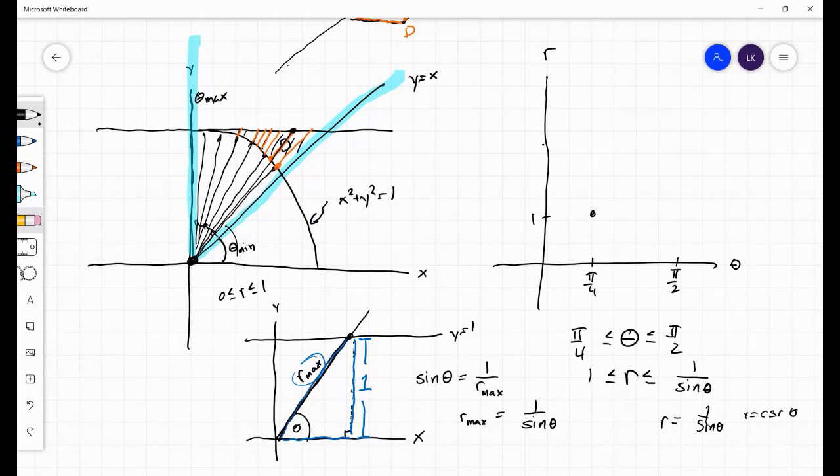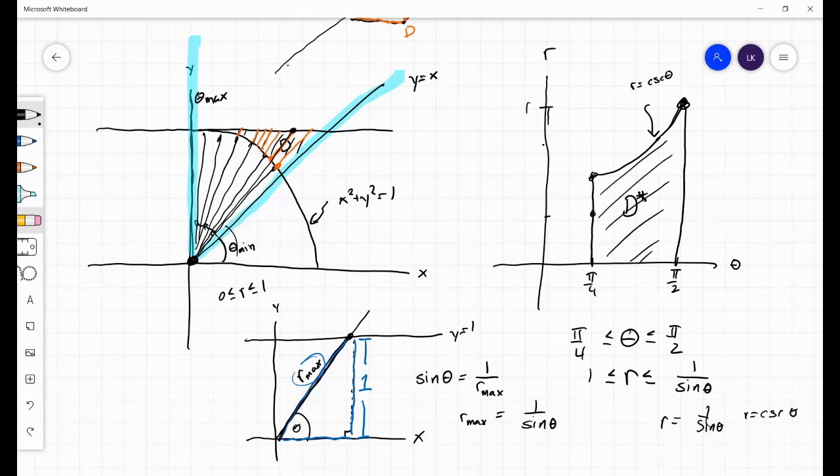So it's going to look something like some curve, and that's 1. So this is part of the graph of cosecant, essentially. This would be the region D star corresponding to D.